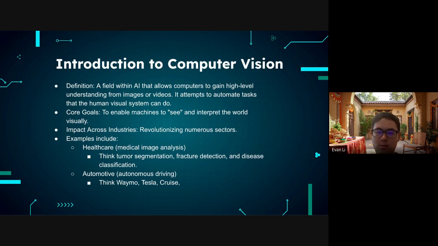Computer vision is already profoundly impacting industries across the spectrum, from revolutionizing healthcare through advanced medical image analysis for faster and more accurate diagnosis, to powering the autonomous vehicles that promise to reshape transportation, and optimizing manufacturing processes through automated quality control. Computer vision is a transformative force with far reaching implications for our future.